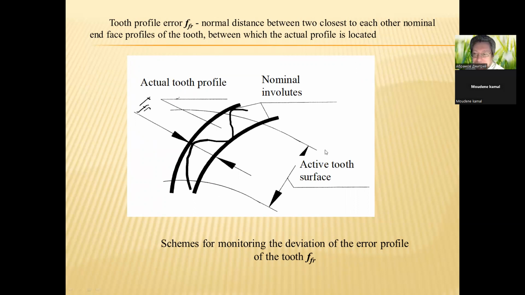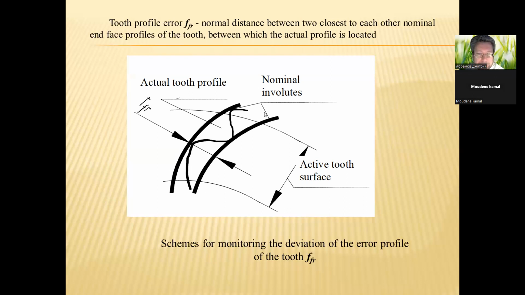In this scheme, for monitoring the deviation of the errors profile of the tooth, F suffix FR, you can see active tooth surface, actual tooth profile, and nominal involutes.